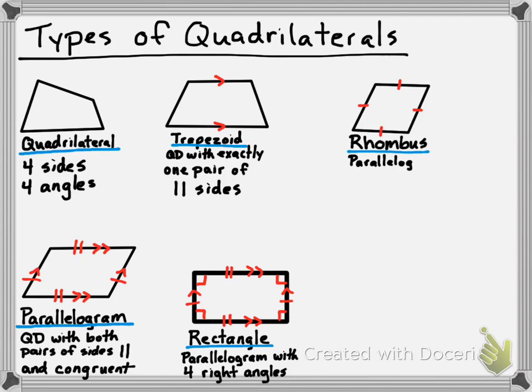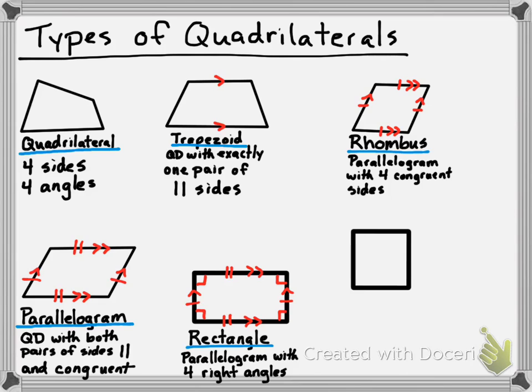Okay, a rhombus is a parallelogram with all four sides congruent. So that also means that the two sides are parallel and the top and bottom are parallel. Okay, so a rhombus is just like a parallelogram, except all the sides are the same length.